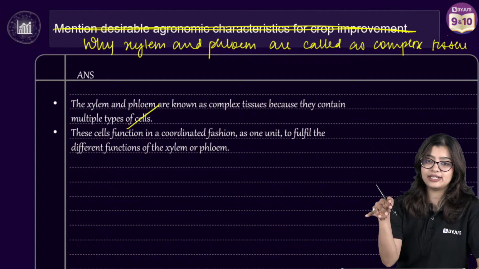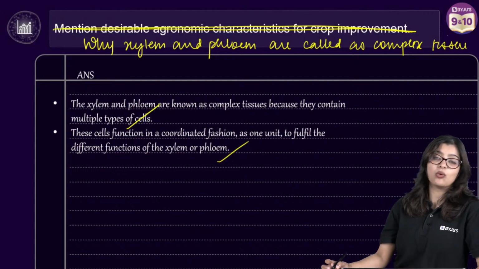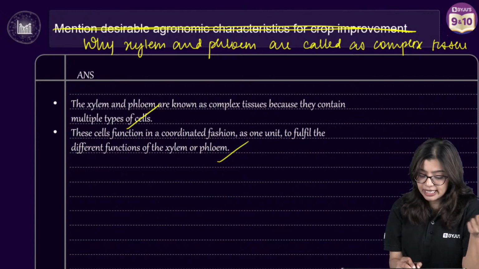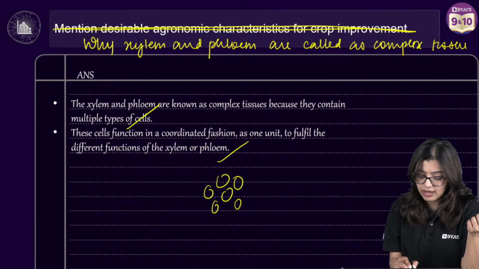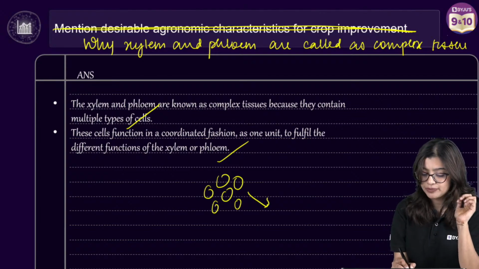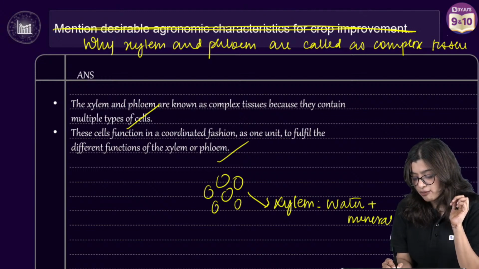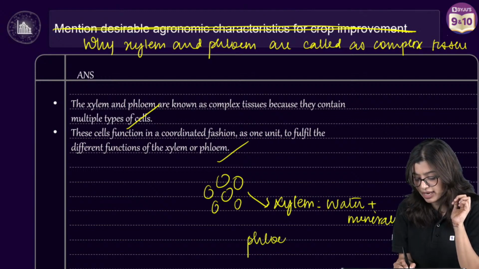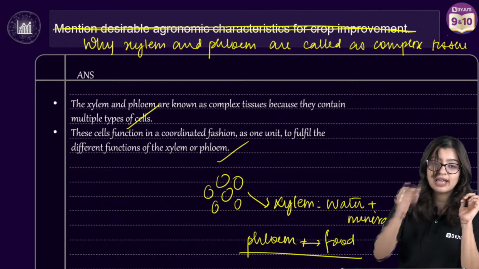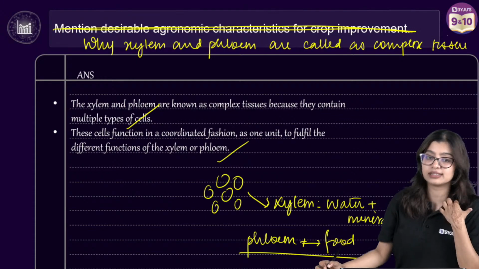And all these different cells come together to work in a single unit. That means different cells are coming together to carry out a common function. So in the case of xylem, it is to help in transport of water and minerals, right? While in the case of phloem, we see that the main function here is to help in transport of food, which is why we see that this right here is the answer.